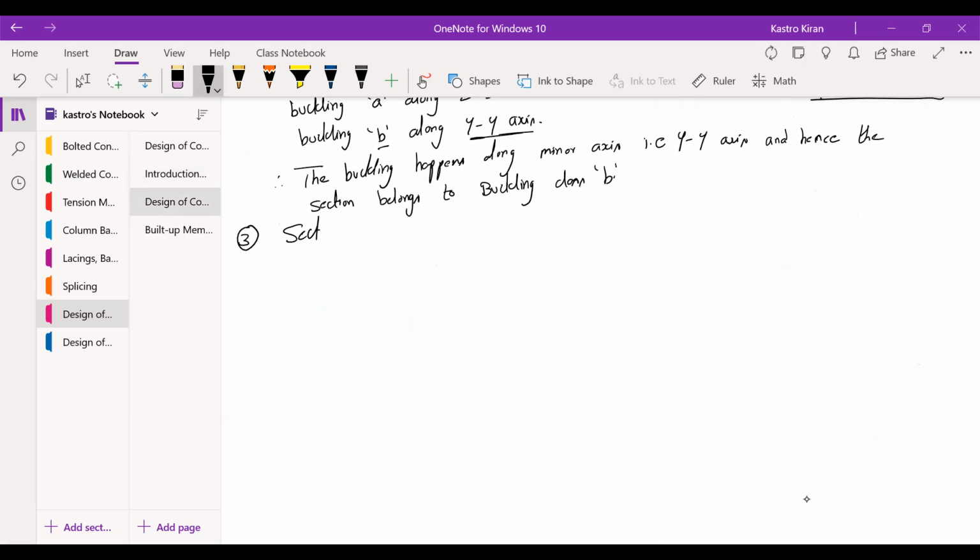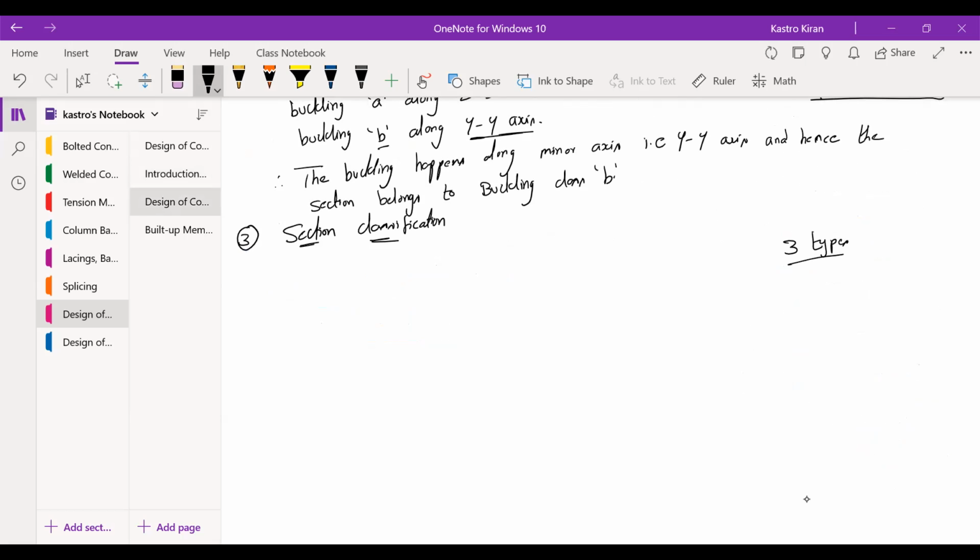Section classification. Now here also you have to remember one thing. You have three different types of sections. So let's check which type it belongs to.